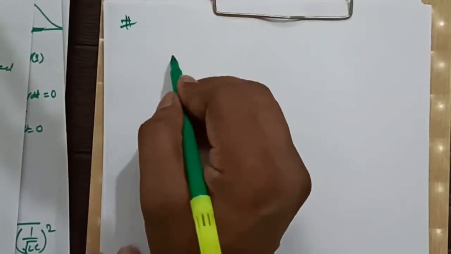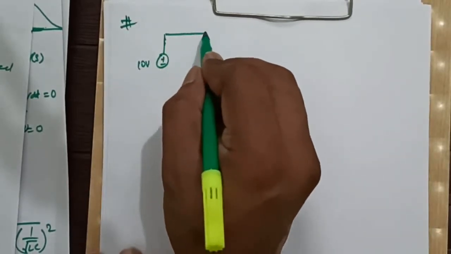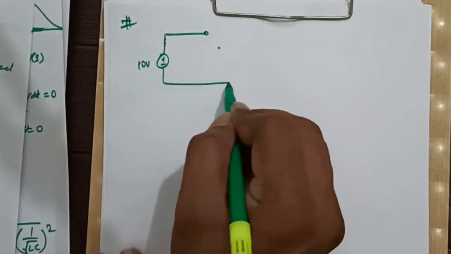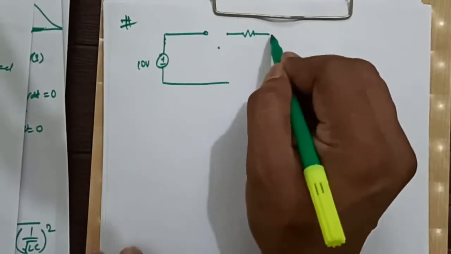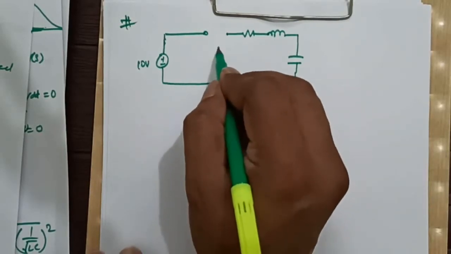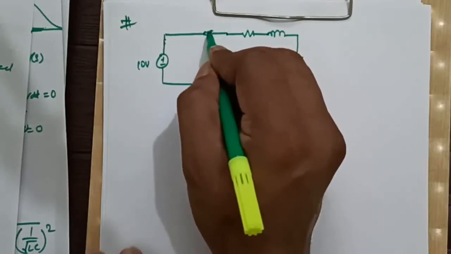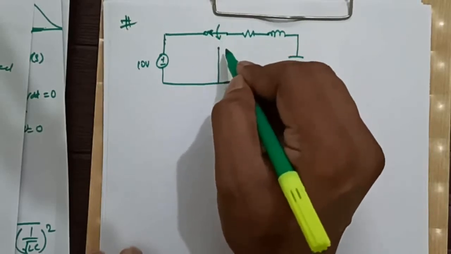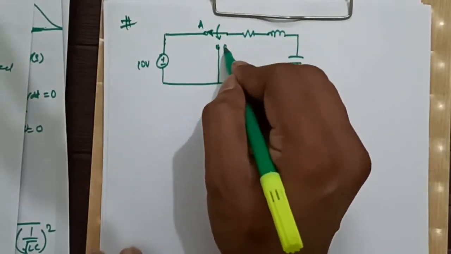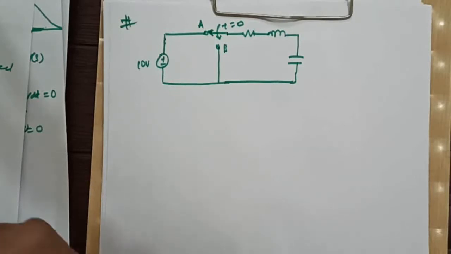For example, if you consider a circuit, let us say this is 10 volts, R, L, and this is C. Here it is a switch which is moving from position A to position B at t equal to 0, right?